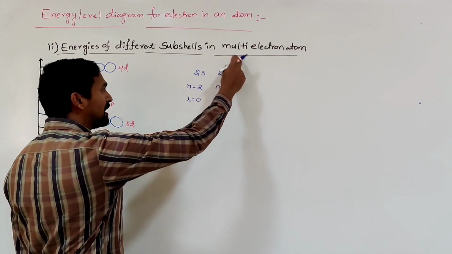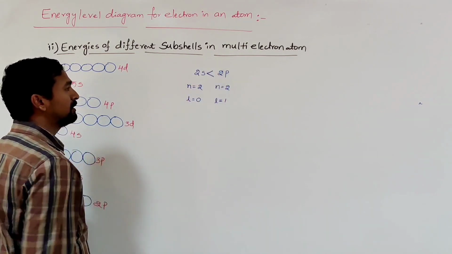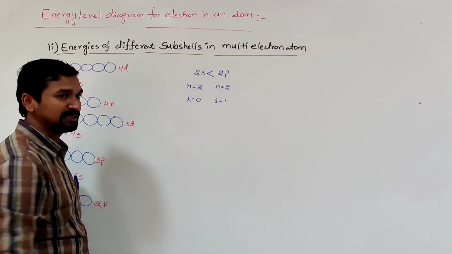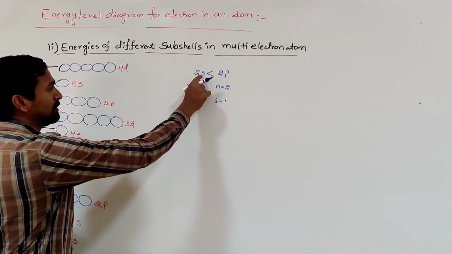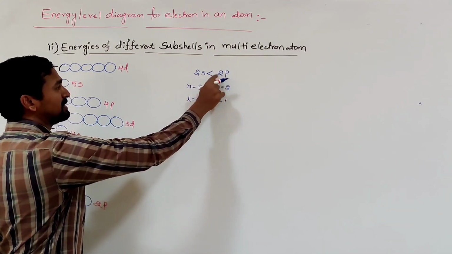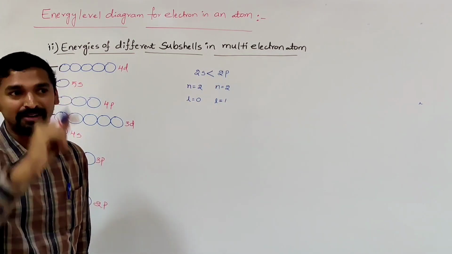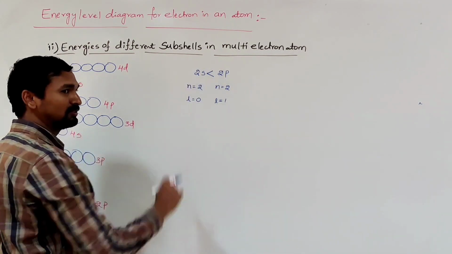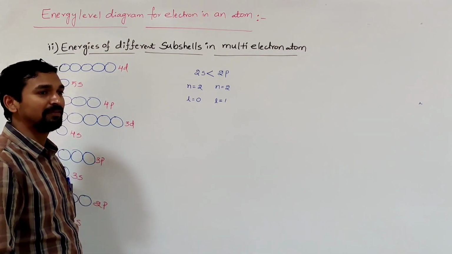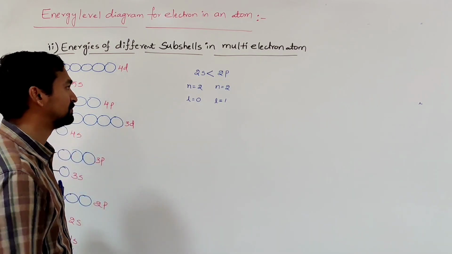But in a multi-electron atom, the 2s orbital has lower energy than 2p. In a given principal energy level, the different subshells s and p have different energies. So 2s has less energy than 2p, but in the hydrogen atom, 2s equals 2p. That is the main difference between the energies of subshells in the hydrogen atom and in multi-electron atoms.